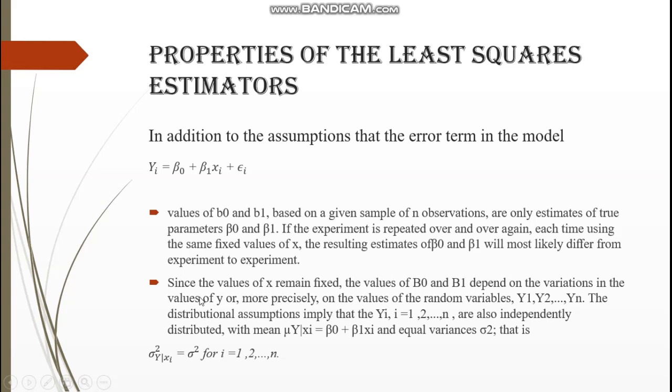Since the values of x remain fixed, the values of beta 0 and beta 1 depend on the variation in the values of y, or more precisely on the values of the random variables.